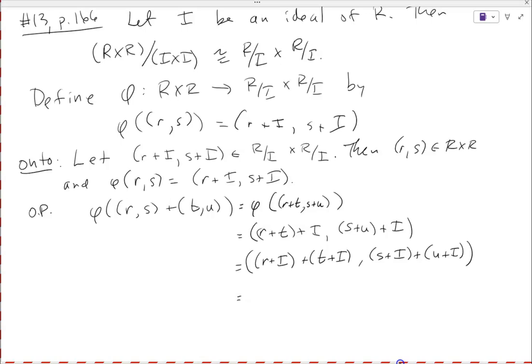Oh, look what we did from here. We went from here to here with these two ordered pairs, right? We went from this step to that one. Of course, we could have also gone from that step to that one, right? So what can we do here? Split it. Yeah, we can write this as (r plus I, s plus I) plus (t plus I, u plus I).